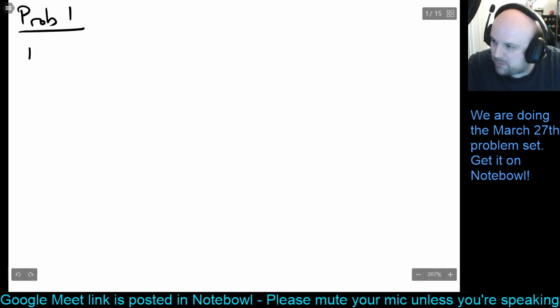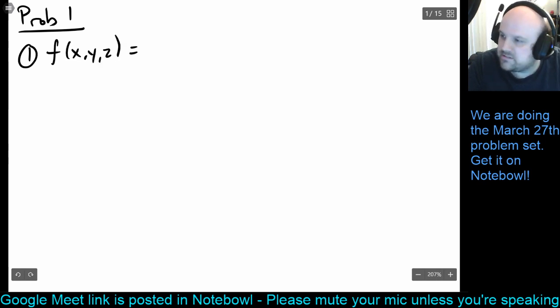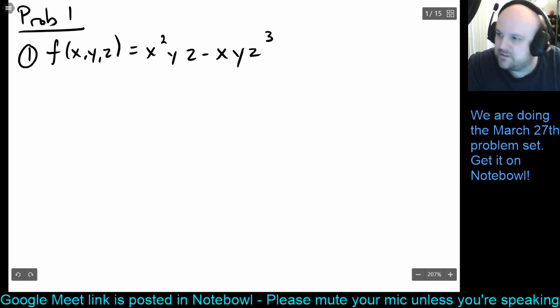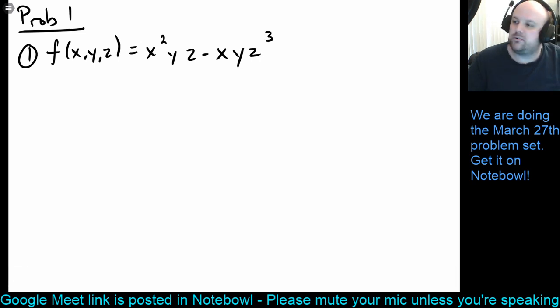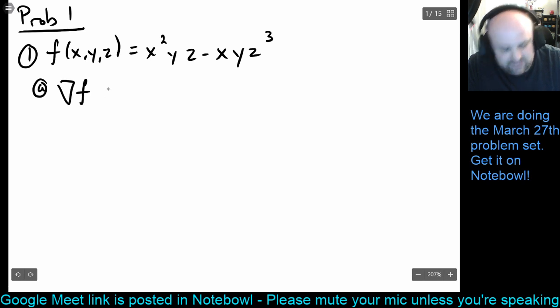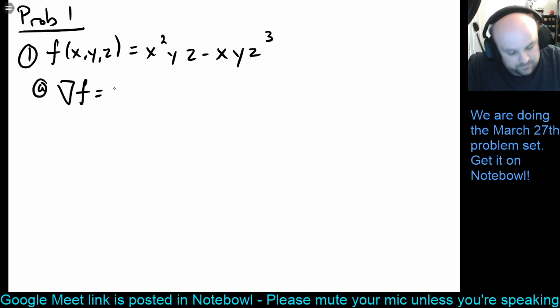For the first problem, our function is f of xyz equals x squared yz minus xyz cubed. Let's first find the gradient of this. Remember, the gradient of f is just collecting all of the first derivatives together.